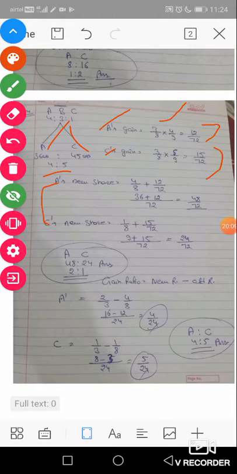Now A's new share and C's new share. A's old share is 4 upon 8, plus he takes from B's share 12 upon 72. So 4 upon 8 plus 12 upon 72 equals 48 upon 72.